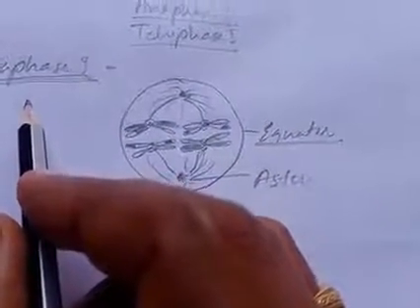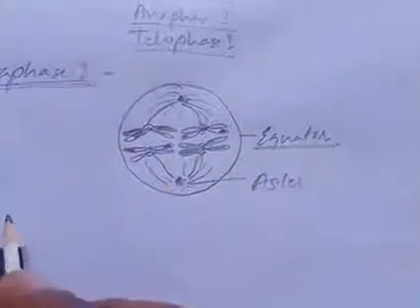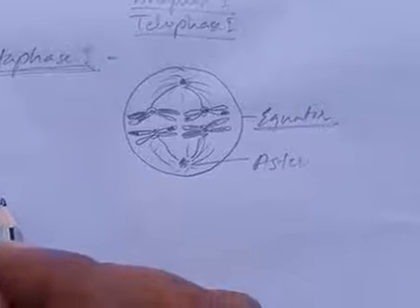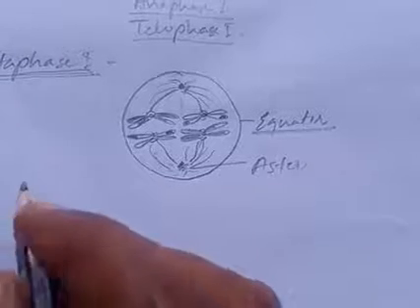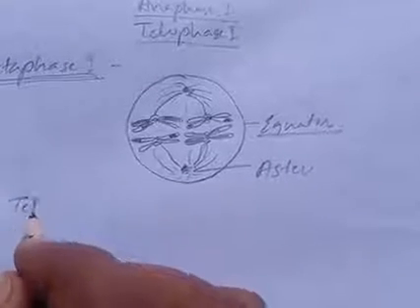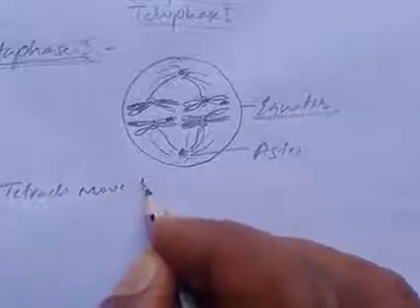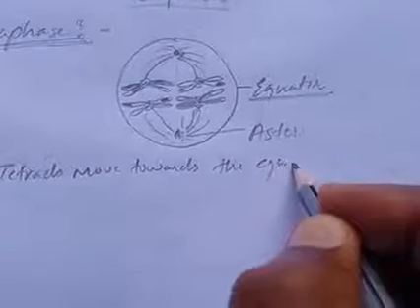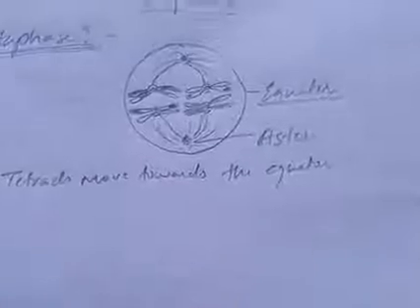Here the tetrad becomes attached to the spindle fibers. You can point out some points you should remember. Tetrads move towards the equator plate. This is the first point you can add.